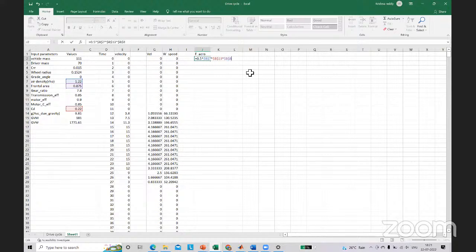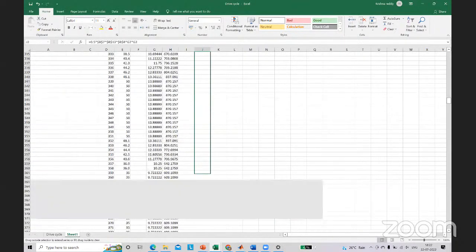Okay, and multiply with the velocity square. Here you can bring a shortcut, or you can just multiply with G2 and G2, that will make it V square. Now say enter. Just drag it to the end if that doesn't work.